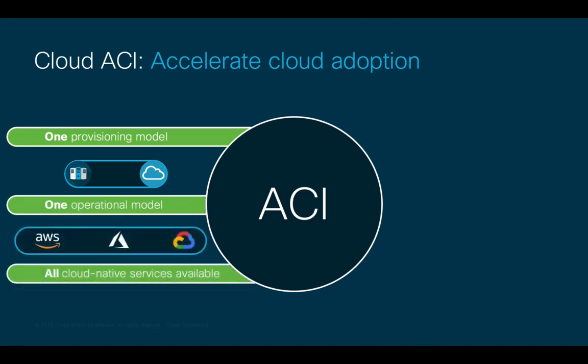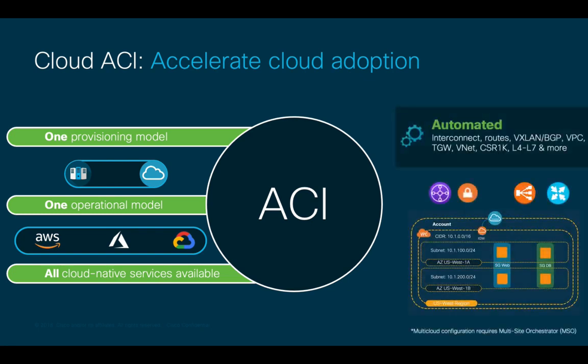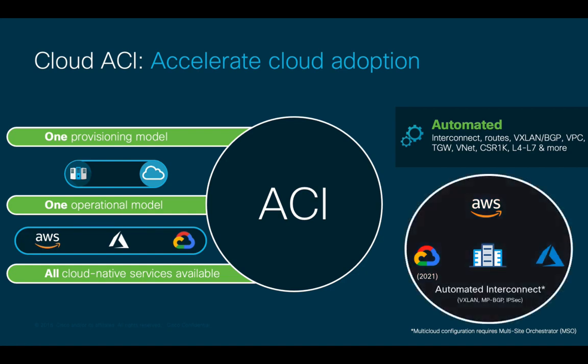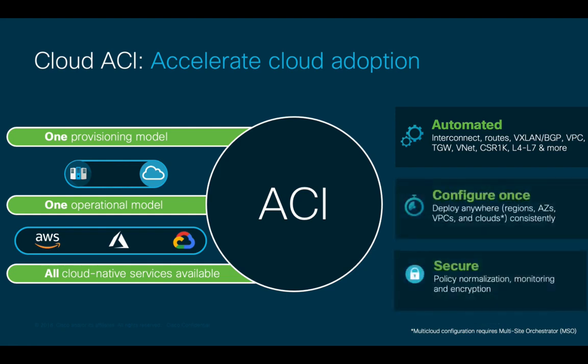Cloud ACI abstracts the network configuration and automatically creates the corresponding network configuration on each cloud. Cloud ACI can run in a single cloud or may also automatically interconnect multiple clouds using VXLAN, BGP, and optionally IPsec through multi-site orchestrator. This approach accelerates cloud adoption and keeps both configuration and security consistent across multiple types of clouds while reducing the learning curve.